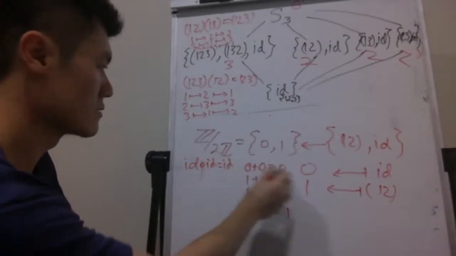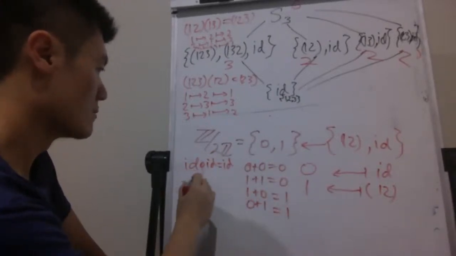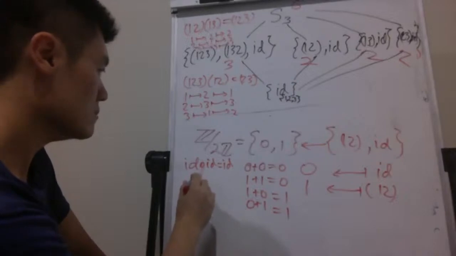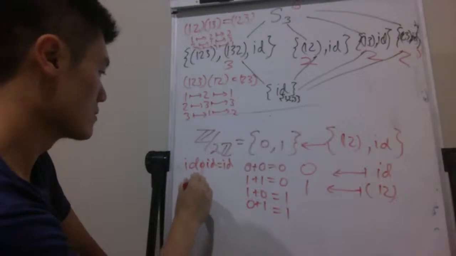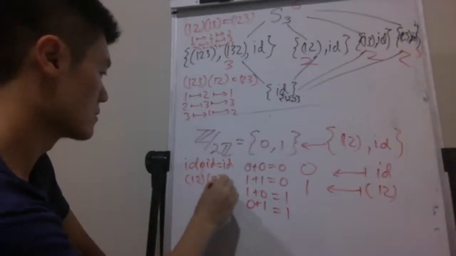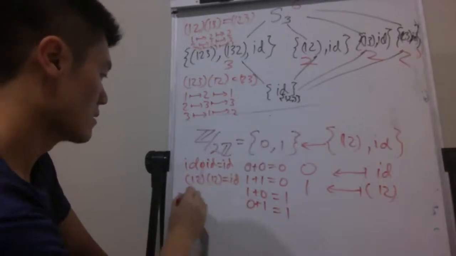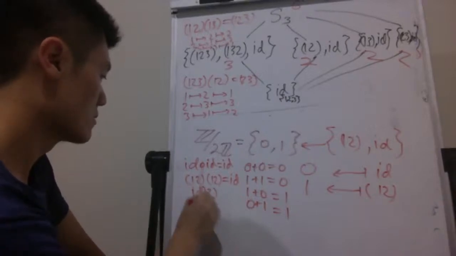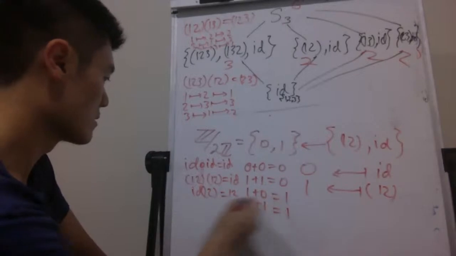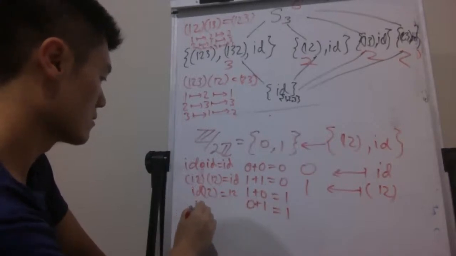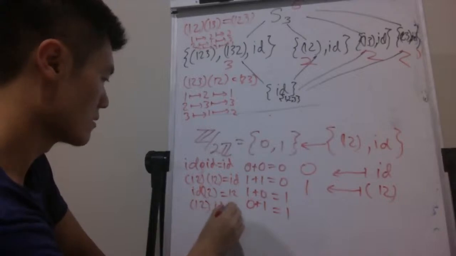So that's 0 plus 0 equals 0. 1, 2 composed with 1, 2 goes back, that's identity. So 1, 2, 1, 2 is equal to identity, right? Identity composed with 1, 2 gives 1, 2. Maybe I wrote them backwards, but you know what I'm trying to say, right?